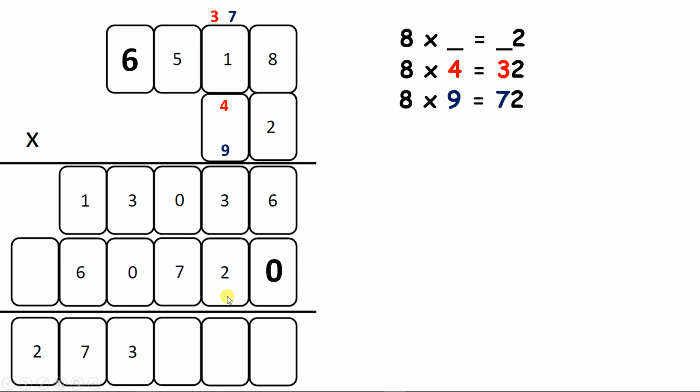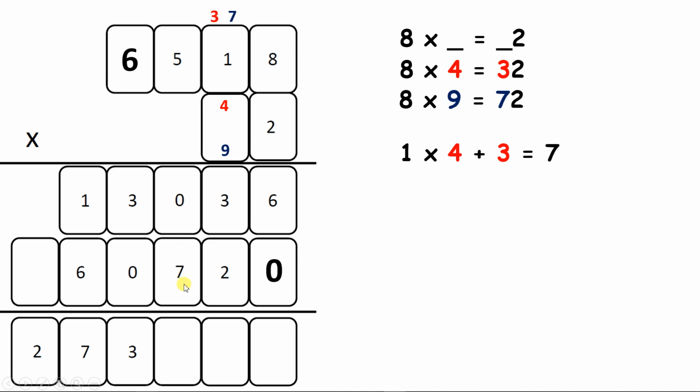So how do we know which is correct? Is it what's written in red or in dark blue? Well, at this stage we don't know, so we keep going, trying both of them out. If red is correct, the next step would be to do 1 times 4 and then add 3, which is 7.